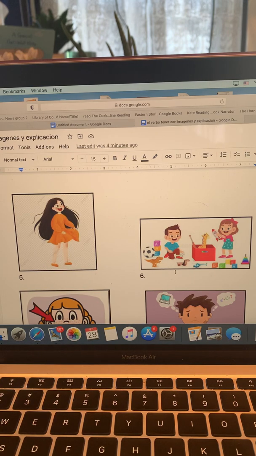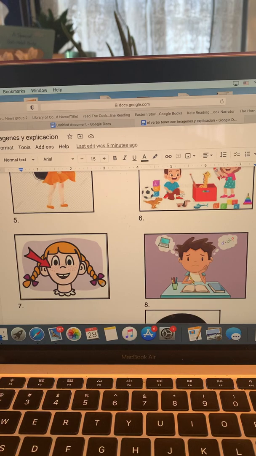Okay, now number 6. I see 2 children. I see many toys. This is again possession. The previous image was a physical characteristic of this beautiful young lady. Here, there is possession, okay?